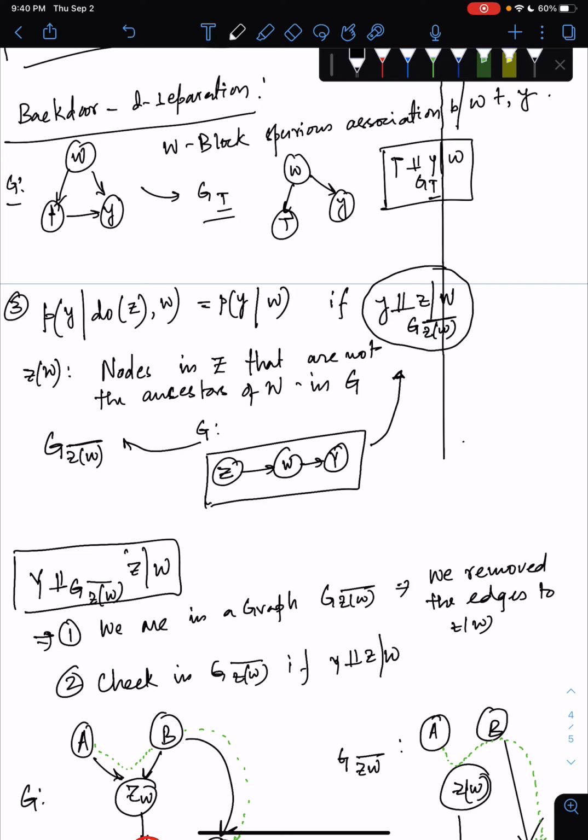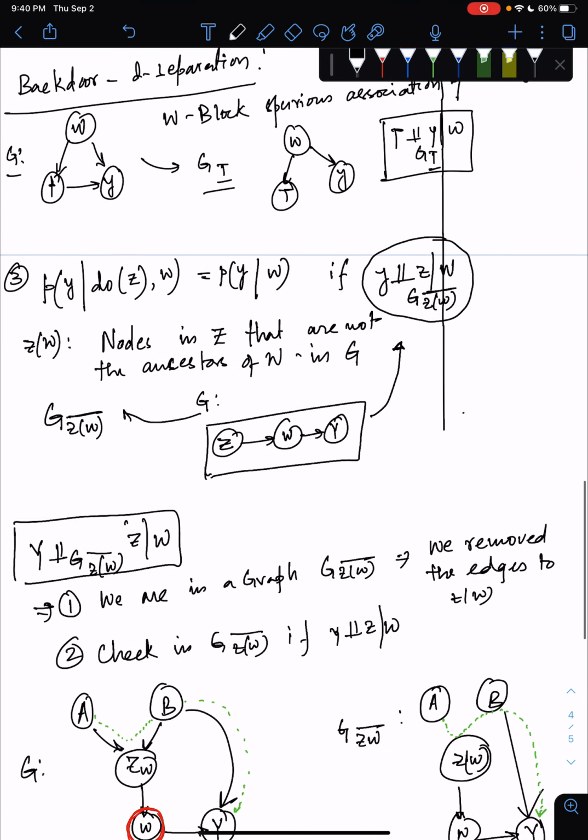But the important thing is that in my original graph, W should block all the spurious association between T and Y. There shouldn't be any spurious association between T and Y in my original graph. So if that happens, then I can go from G to G T bar.